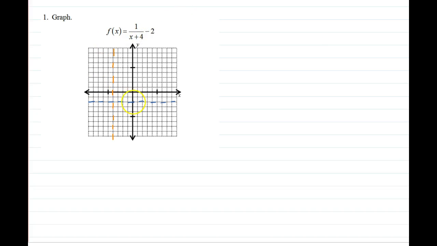And now we got to decide, what does it look like? If you have no idea, one thing you could do is just plug something in. So if we were to plug 0 into the function, what would our answer be? So we get 1/4 minus 2. Think about it as a quarter minus $2.